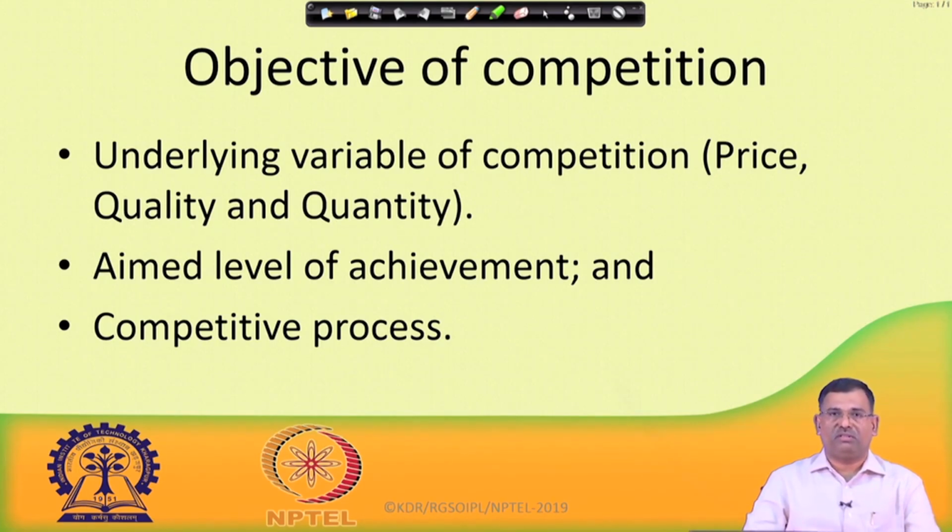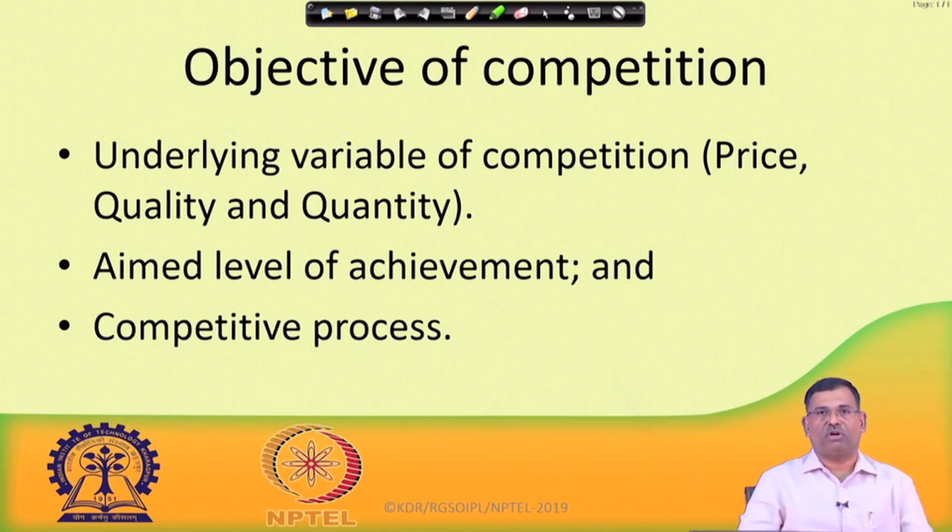The first is the underlying variable of competition, that is price, quality and quantity. Secondly, the aimed level of achievement, what competitiveness you want to achieve. Then the entire competitive process, which is facilitated by legislation and competition policies.